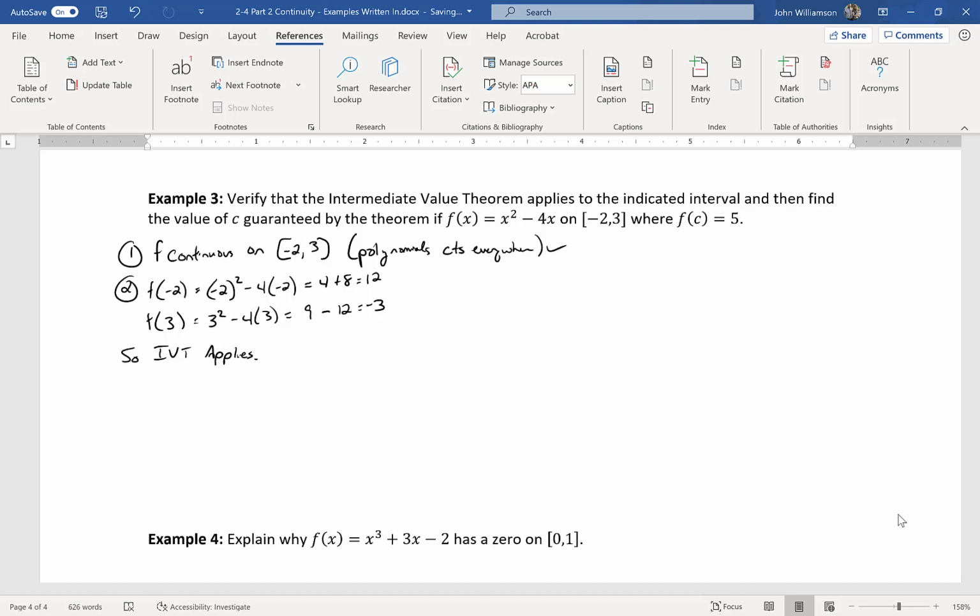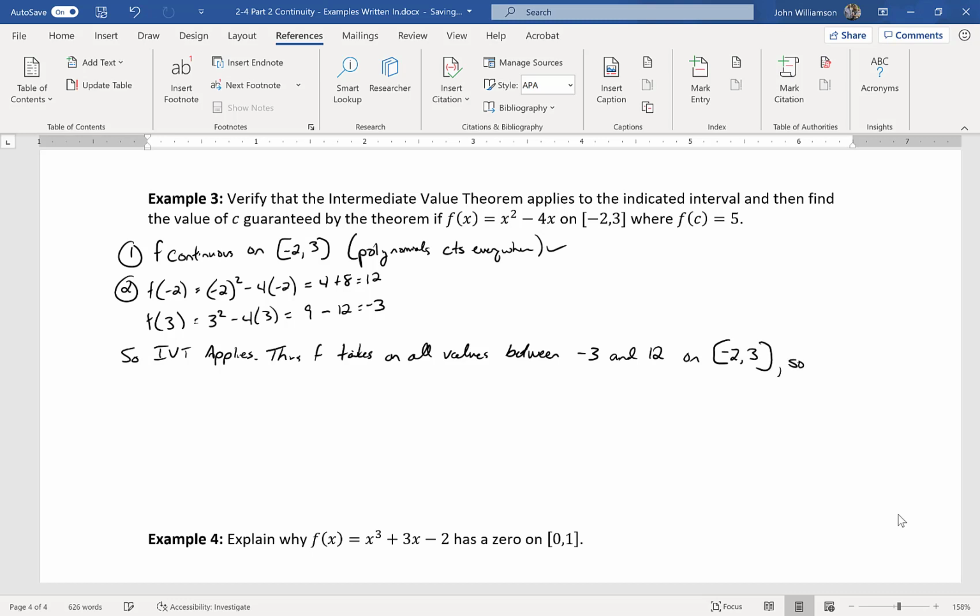And because of this, we know f is going to take on all of the values between these two y values, so between -3 and 12 on the interval -2 to 3.